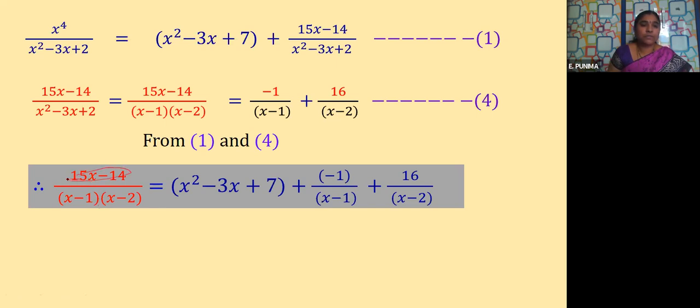It should be x to the power of 4. In place of numerator 15x minus 14, take it as x to the power of 4. Okay, x to the power of 4 by x minus 1 into x minus 2, which is our given sum, is equal to x square minus 3x plus 7 plus minus 1 by x minus 1 plus 16 by x minus 2. Is it clear?